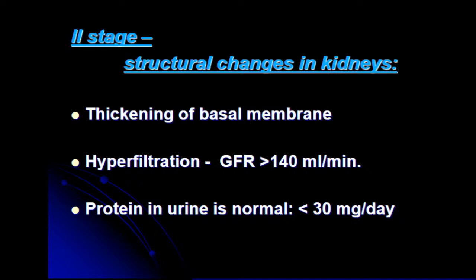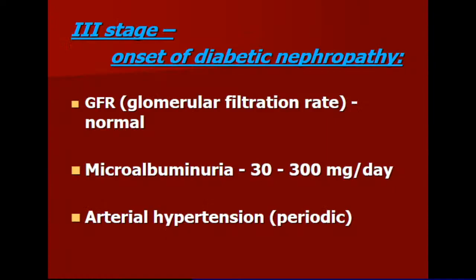Protein in urine is normal, less than 30 mg per day. Third stage: onset of diabetic nephropathy. Glomerular filtration rate normal.